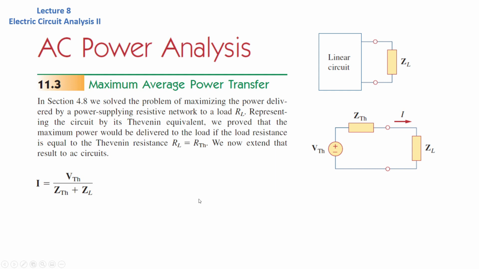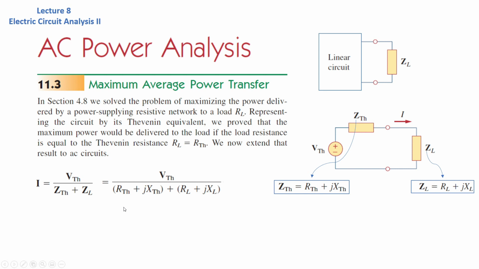So once we have this equivalent circuit, we can write an expression for this phasor of current, and that is this one. And since Z Thevenin has both resistive and reactive parts, and similarly ZL also has a resistive and reactive part, we can replace these values of Z Thevenin and ZL in this expression to find an expanded version of it.